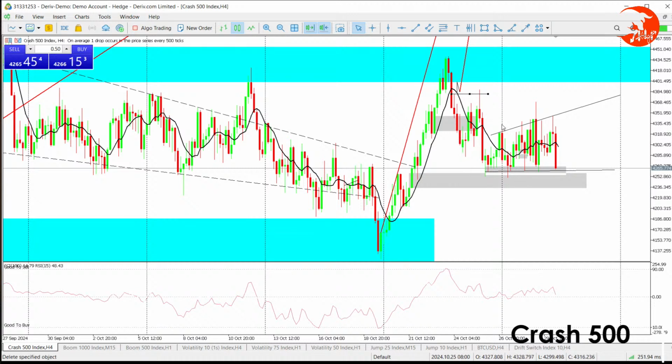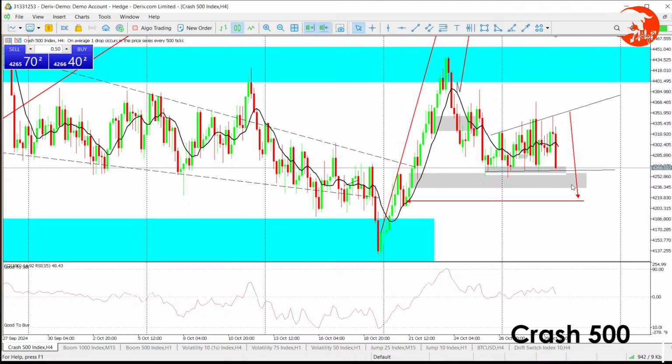Most of the times when it breaks out, it may give us that exactly, or give us this to come to this level here. So that may be our level there to look at.